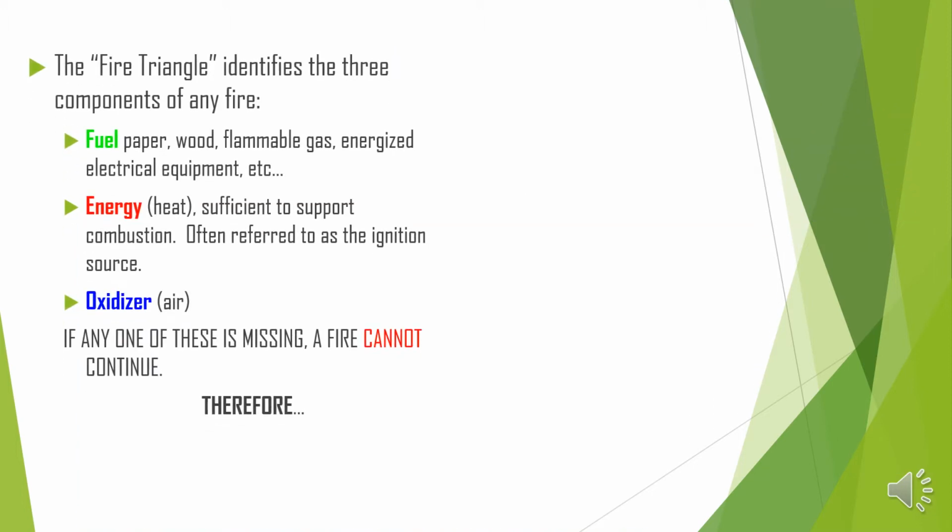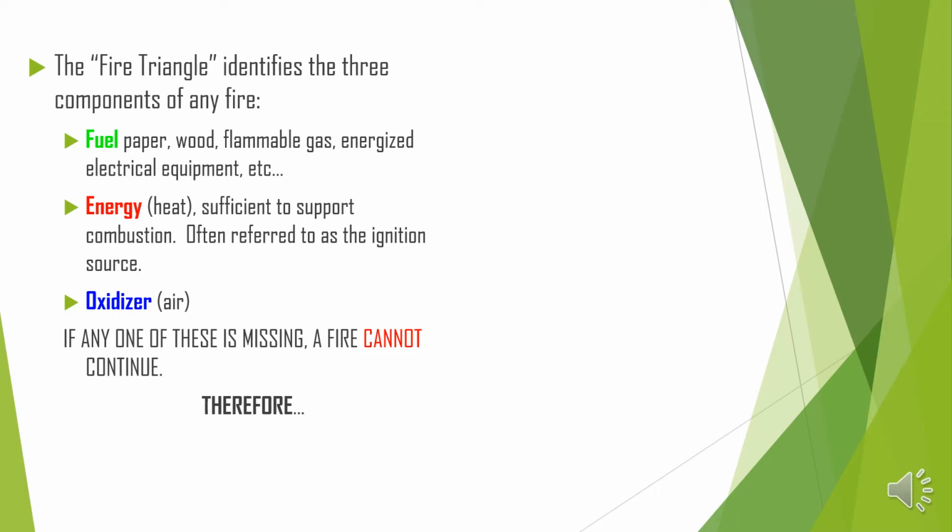For any fire to be established, we have the fire triangle: 3 corners, 3 components of any fire. Number 1, the fuel, such as paper, wood, flammable gases, energized electrical equipment, and so on. Number 2, energy, meaning heat sufficient to support combustion, often referred to as the ignition source.